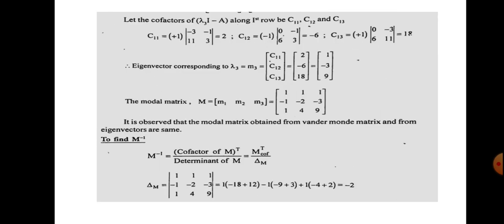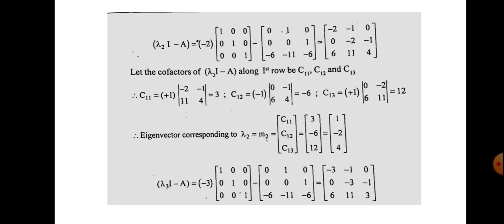So M inverse, these are all simple mathematical steps. What is M inverse? M inverse is obtained by 1 by determinant of M into the transpose of the cofactor matrix. That is, M inverse is equal to adjoint of M divided by determinant of M. Adjoint is the transpose of the cofactor matrix of M. So you can find the cofactor matrix of M first, then find the transpose. The cofactor matrix is obtained in a simple way.